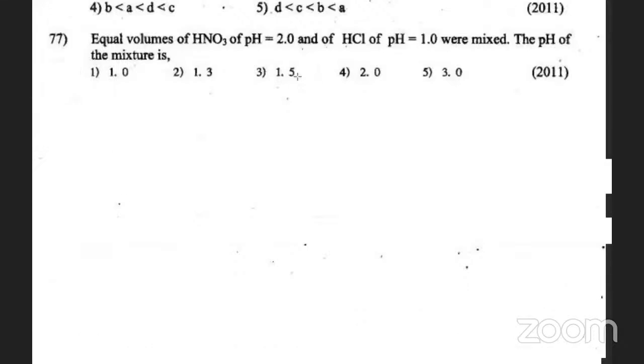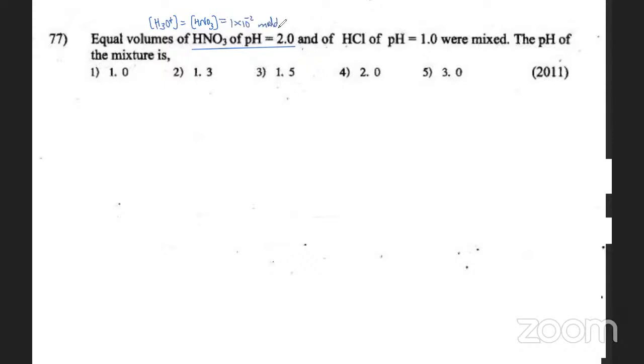Right, let's get started. Equal volumes of HNO3 of pH equal to 2. When you say HNO3 pH equal to 2, it means HNO3 is a strong acid, so directly I can say the H3O plus concentration is equal to the HNO3 concentration, and that's going to be 1 into 10 to the power minus 2 mole per decimeter cube.